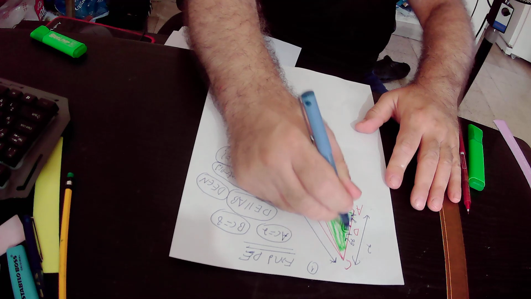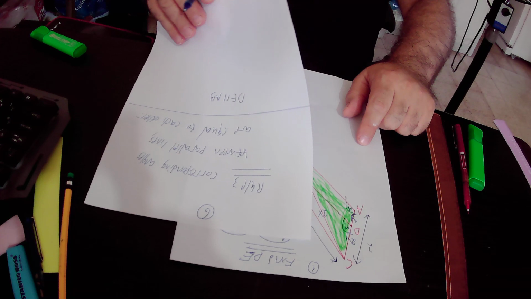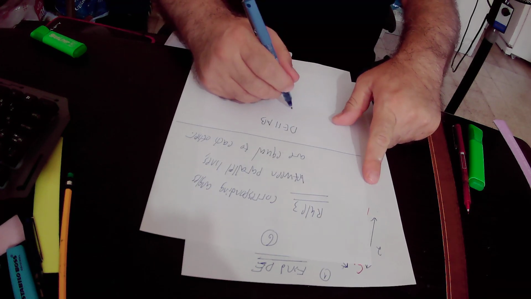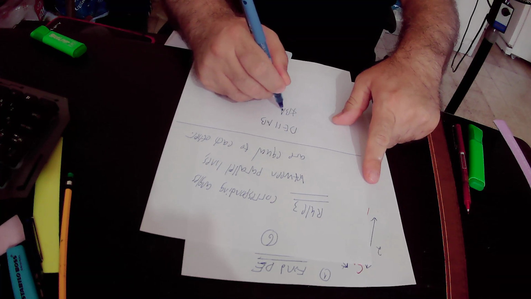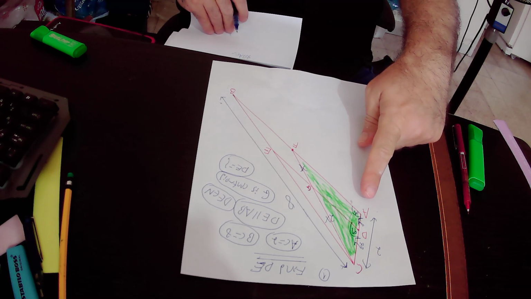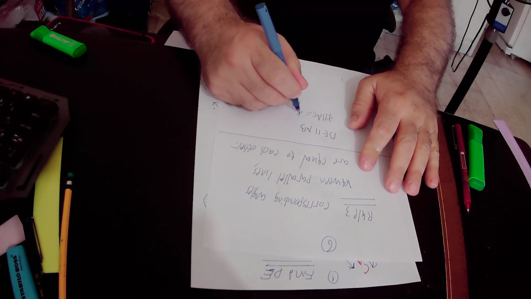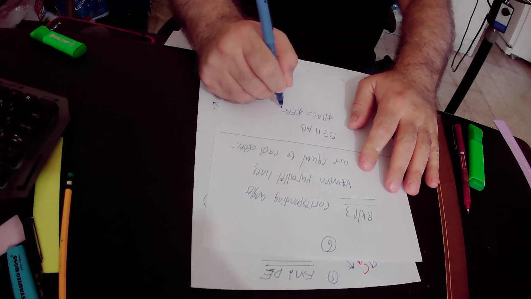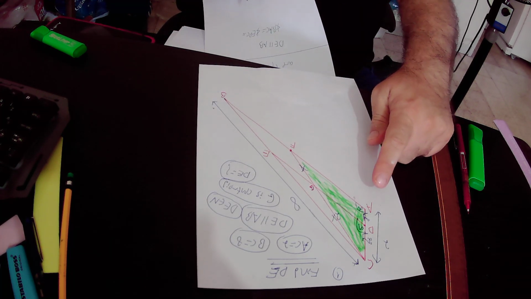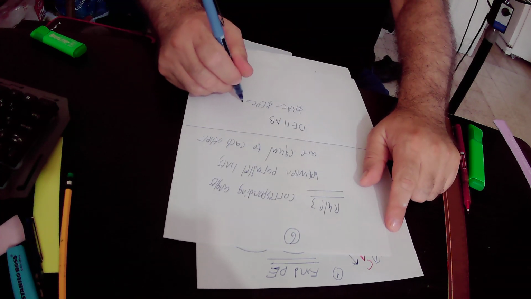So I write it down. According to rule number 3, angle BAC, this angle, will be equal to angle EDC, and if one of the angles is equal to alpha, then the other angle will also be equal to alpha because those two angles are equal to each other.